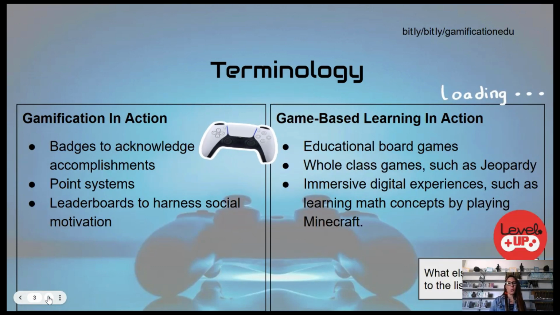These are just some quick examples. For gamification, it would be using things like badges, which in a lot of our professional development now, you can earn a badge to showcase your learning. Badges are part of the gaming world. Point systems, like we talked about, and leaderboards. All of these things can be applied to a non-game environment like school or training, professional development, and so forth.